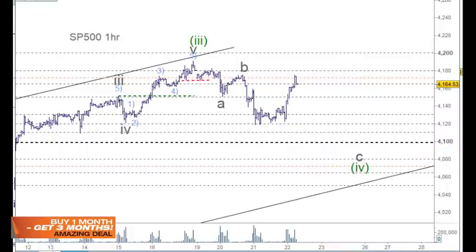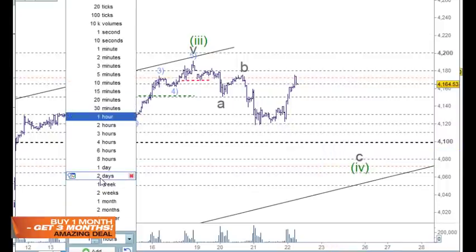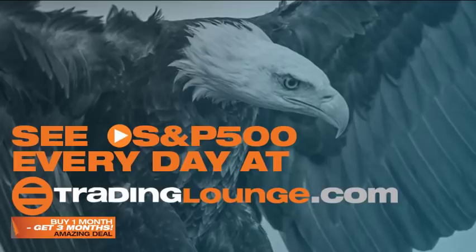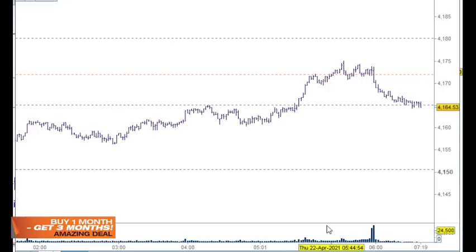So yeah, let's go to the tick chart here and have a look at this, 100 ticks.